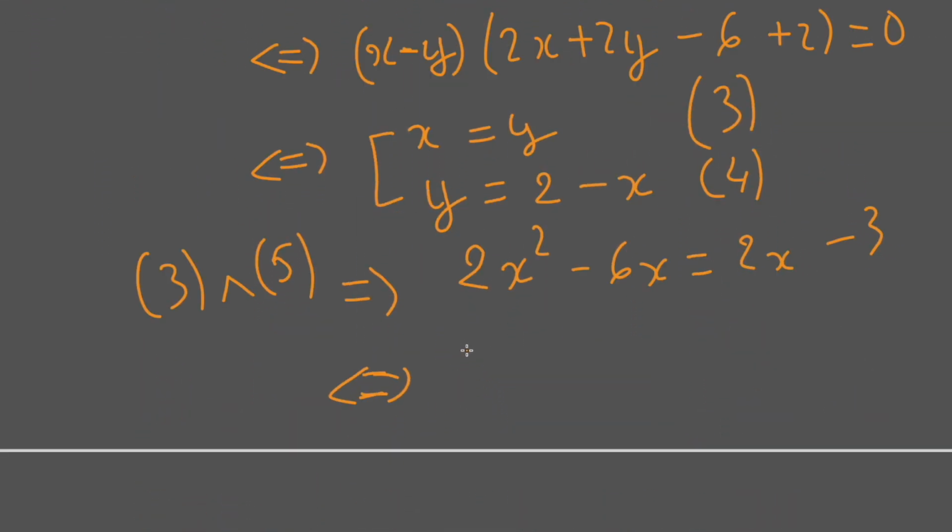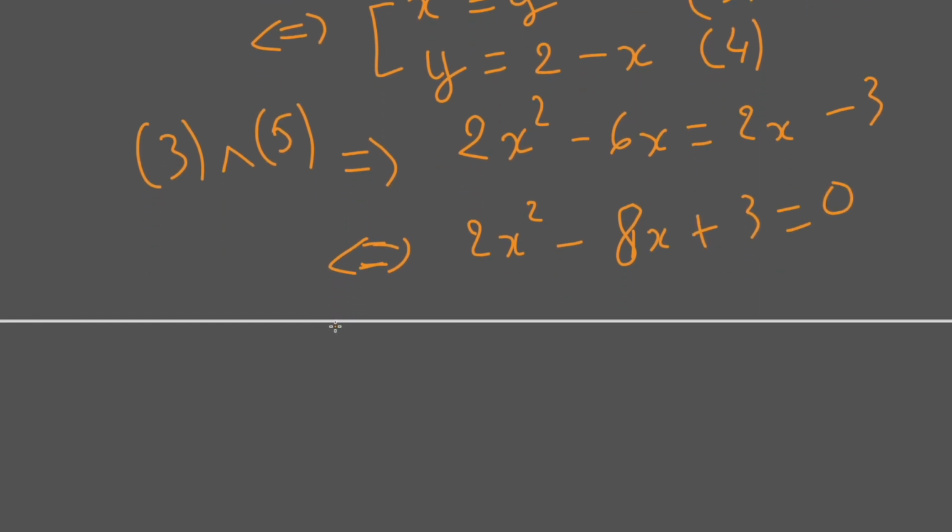Now you see it will become a very basic quadratic equation, 2x squared minus 8x plus 3 equals 0.